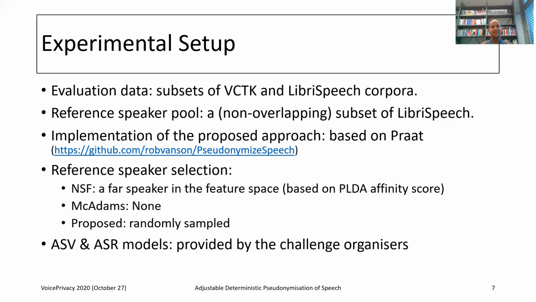In the McAdams method, there's a constant factor that we just multiply to the poles of the spectrum, so there's nothing which we take as reference. In the proposed approach, we randomly pick one of the reference speakers as the pseudonymized speaker. The speaker verification and automatic speech recognition models have been provided by the challenge organizers.